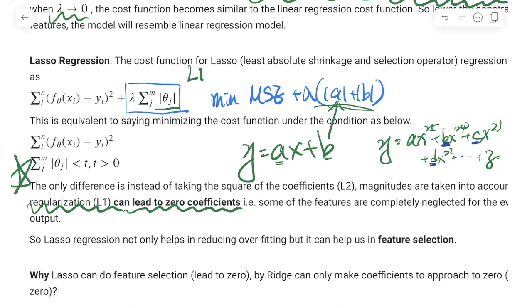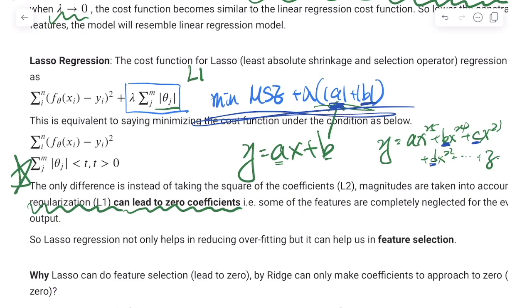Because if you have more parameters in your model, your model is more and more complex. If you have fewer parameters, your model becomes simpler, right? So if you apply lasso regression in your optimization function, sometimes the coefficient right here will become 0.